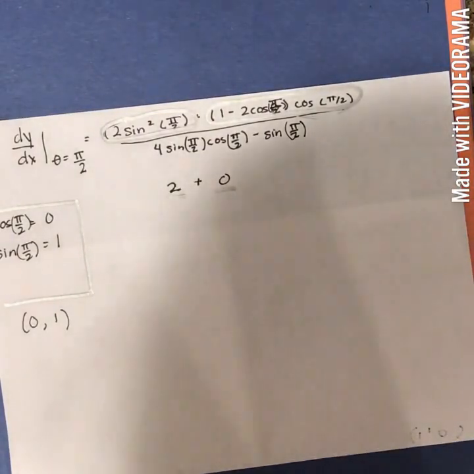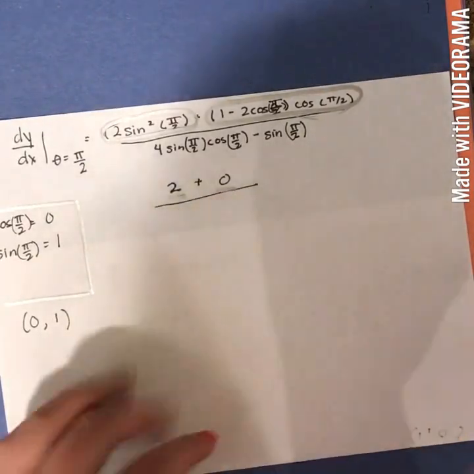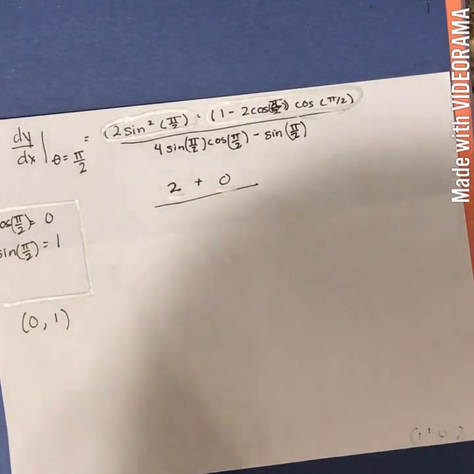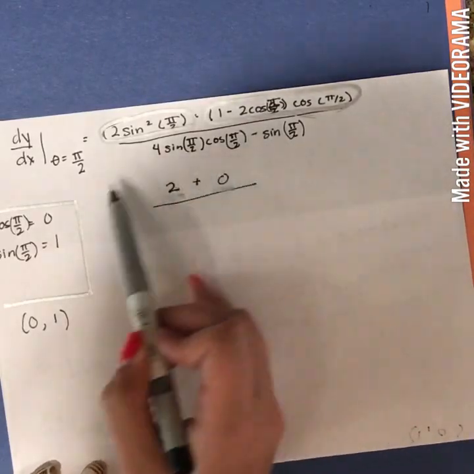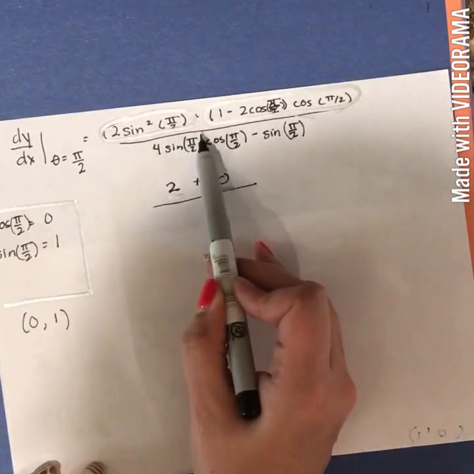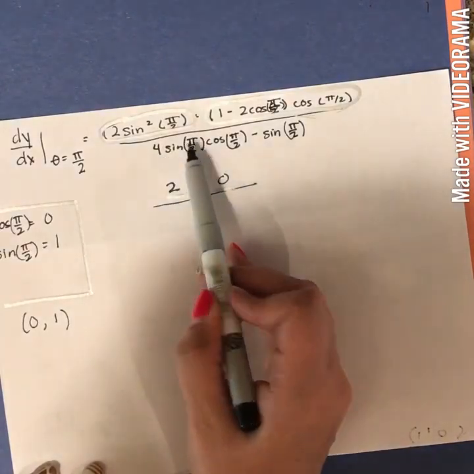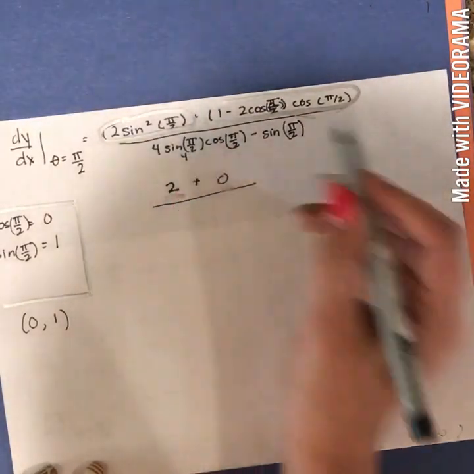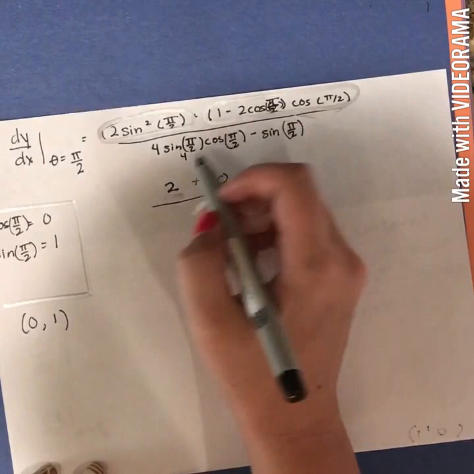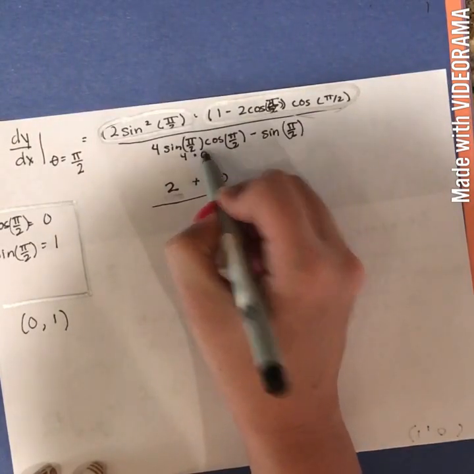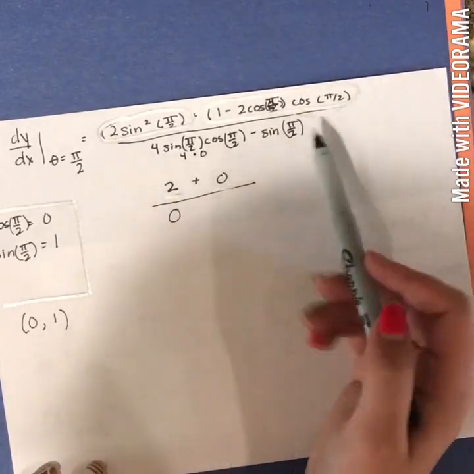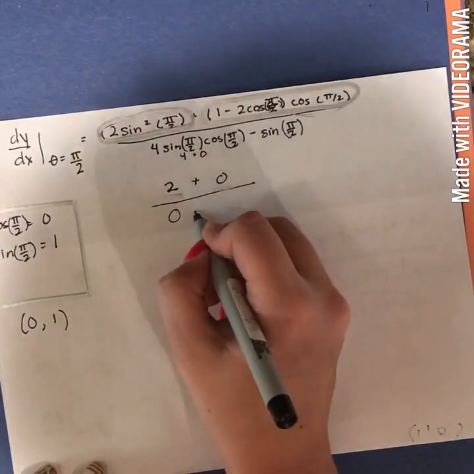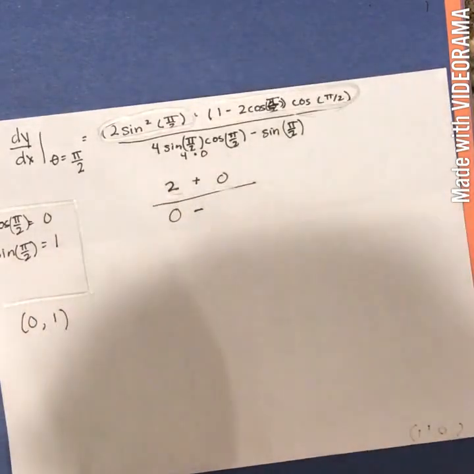Okay, and then we're going to divide, and we're going to look at this little section right here before the subtraction sign, and we're going to say sine pi over 2 equals 1. So 4 times 1 is still 4. Okay, and then cos equals 0, so it's going to be times a little 0, and that's going to give us 0. Then we're going to look at sine over here and make sure you put that subtraction right there.